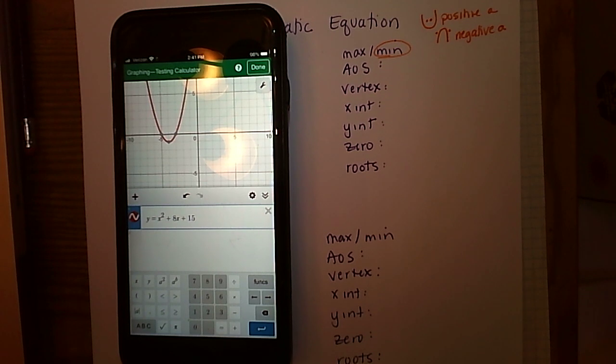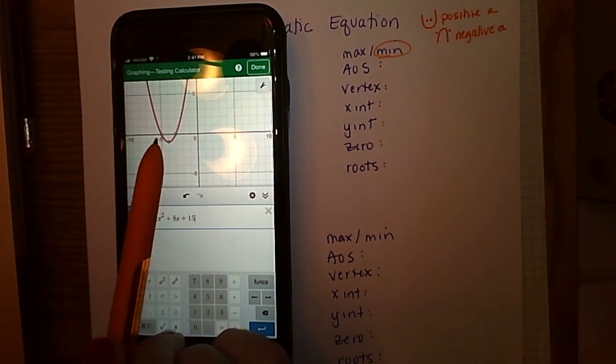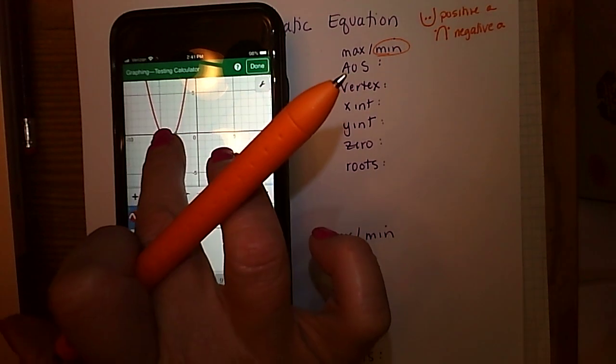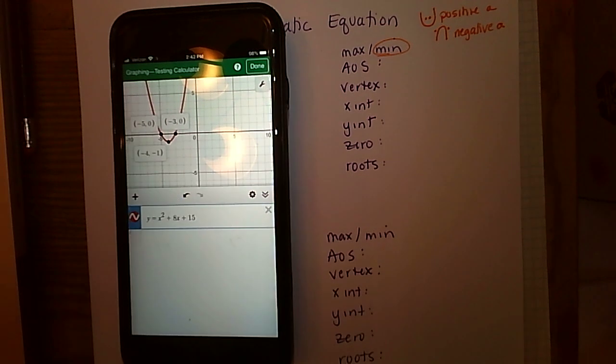Now, the second thing is I'm looking for my axis of symmetry. What's nice about Desmos is, see how on your calculator, there are these little gray bubbles right here. They're points. If I touch them with your finger, it gives me the ordered pairs. No guessing involved, which is awesome.